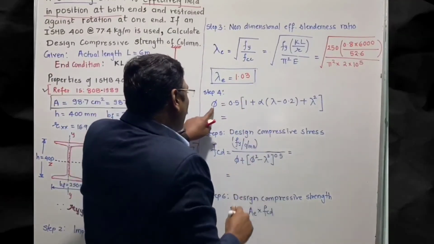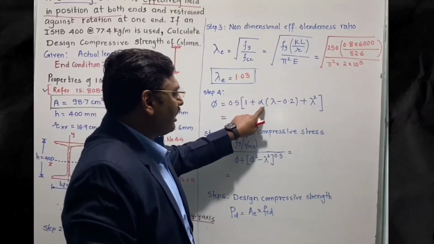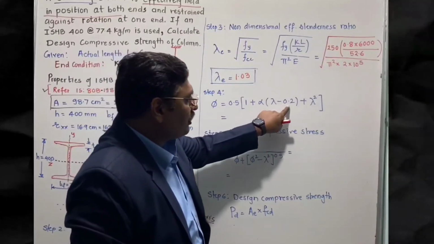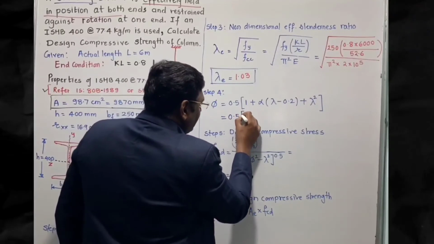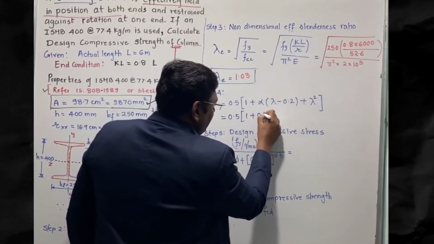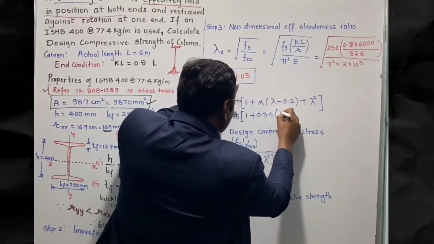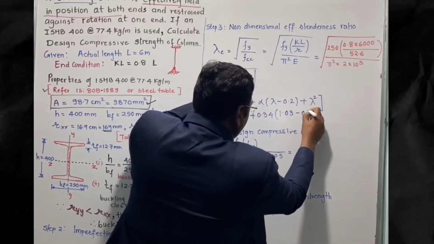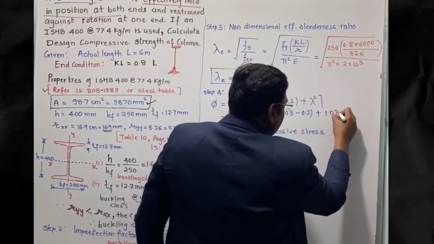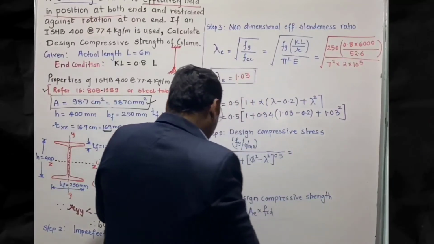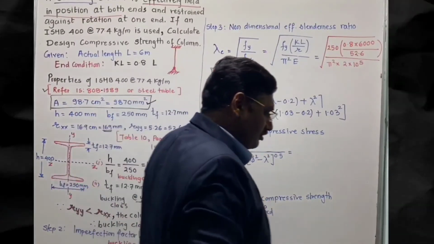Substituting in this equation of phi, that is, the factor phi is equal to 0.5 in bracket 1 plus alpha, lambda minus 0.2, plus lambda square, where alpha value is 0.34 for buckling class B, and lambda is 1.03. Solving this, we will get the value of phi equal to 1.172.